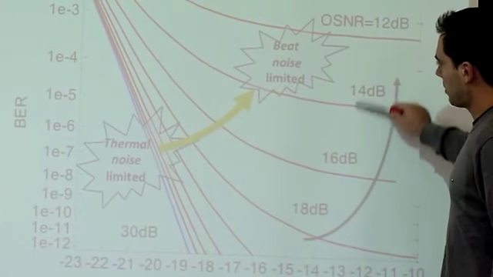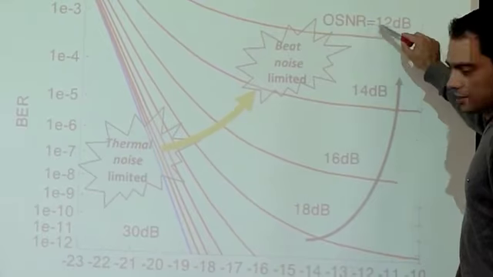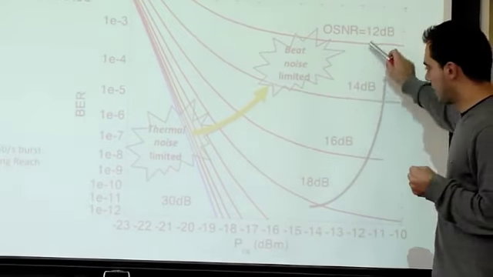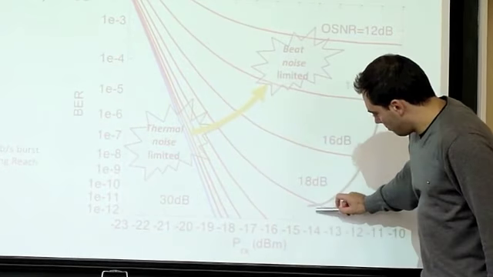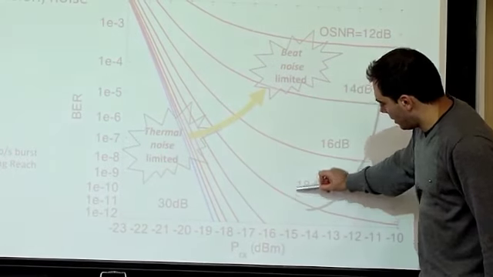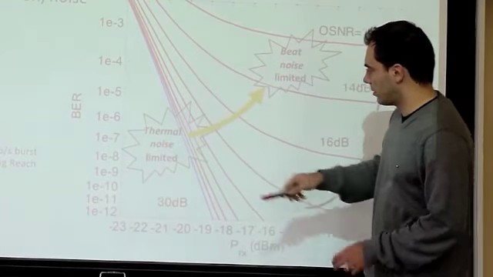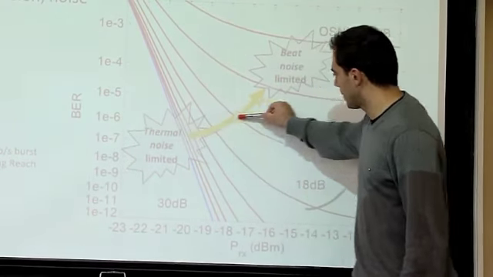So this is, for example, how the signal is affected. The better the optical signal to noise ratio, which means the lower the amount of noise for a certain power at the receiver, the different bit error rates I will have. Suppose I want a bit error rate of 10 to the minus 6.